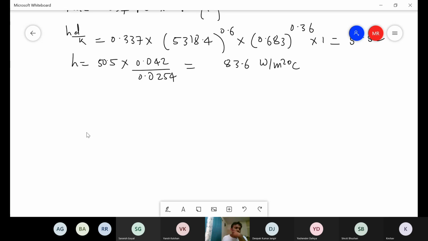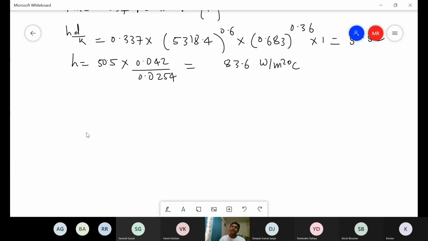Now what we have to see is, now that we have got the heat transfer coefficient, ultimately what we are interested in is the outlet temperature, isn't it? Outlet temperature we wanted to find out. We can make the balance in this case like this. The heat lost by the hot fluid should be the heat transferred from the hot fluid to the fluid which is flowing through the tubes, isn't it?